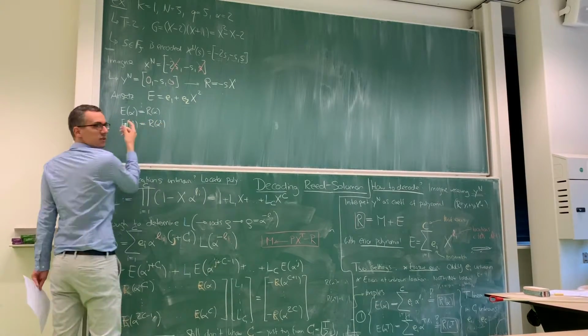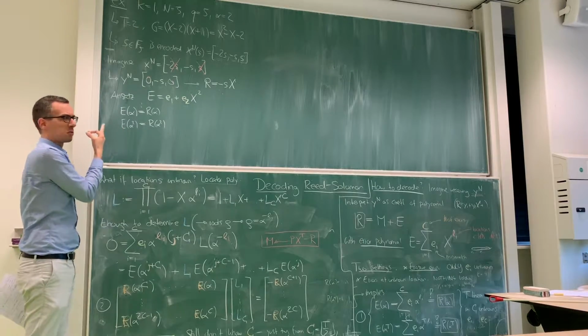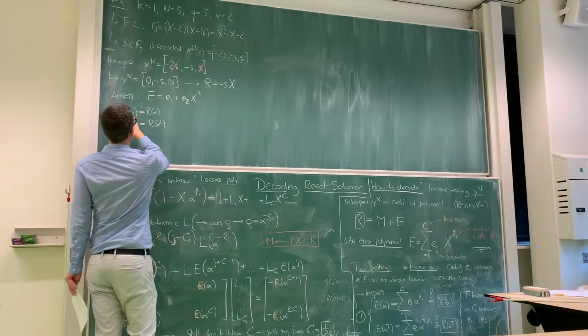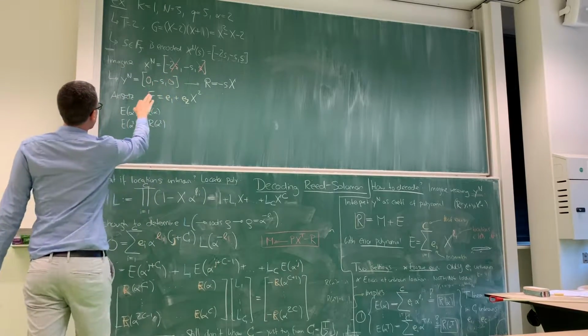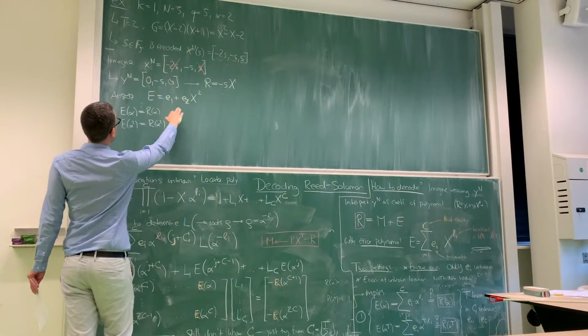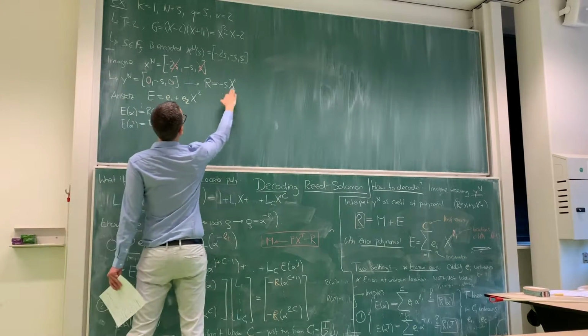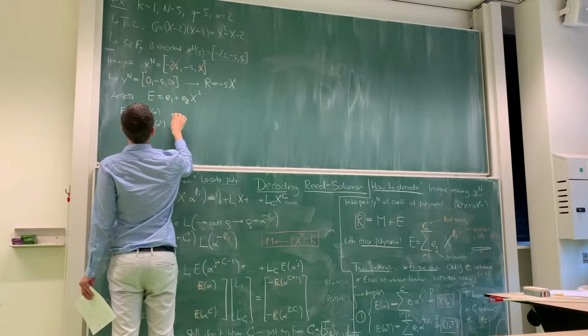These are the two equations that we have, and from those we want to figure out e1 and e2. We know alpha, we know an ansatz for E, and we know R of alpha, because that's what we receive.